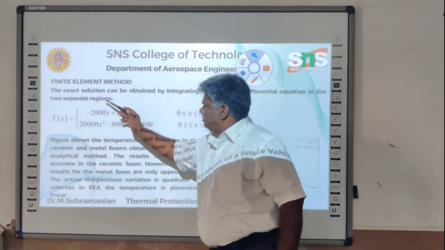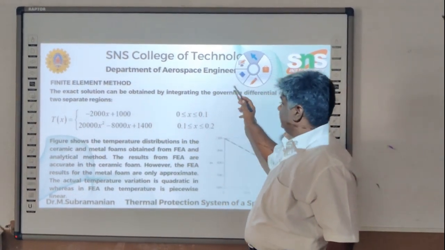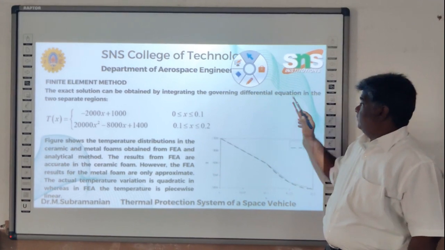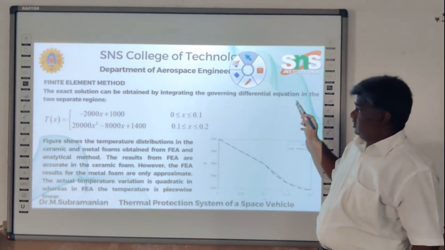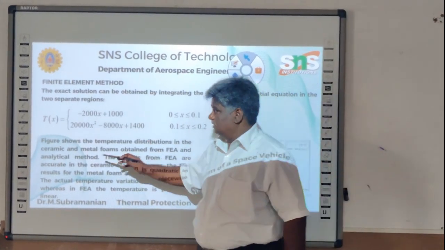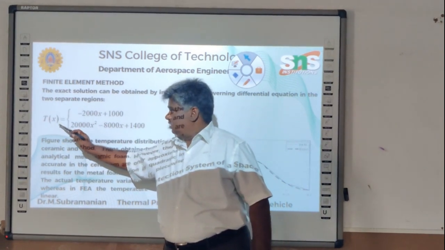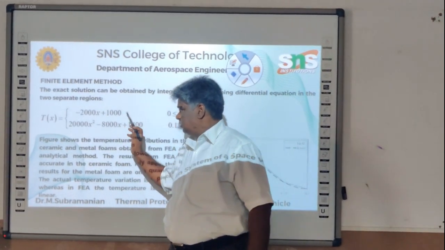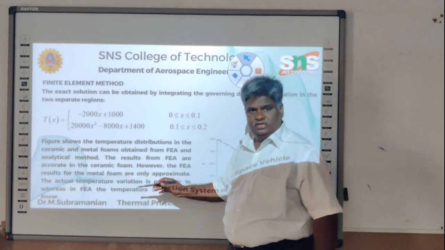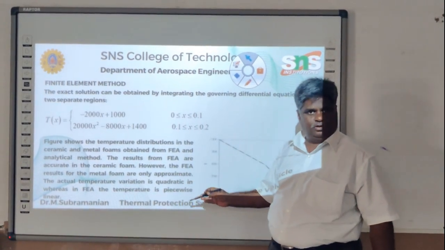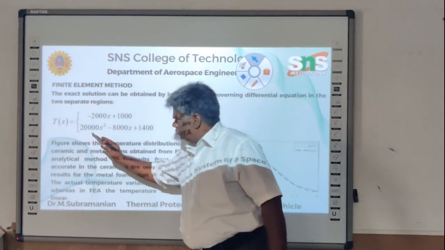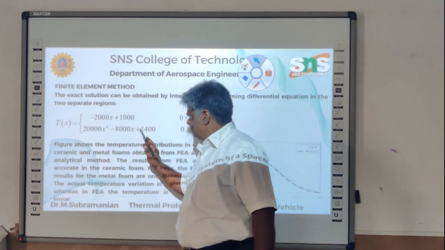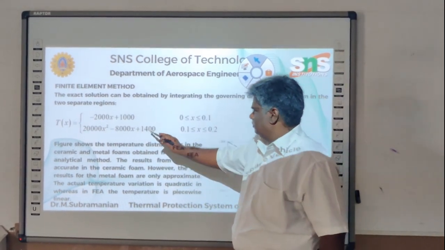The exact solution can be obtained by integration of the governing differential equation in the two separate regions. T of x equals minus 2000x plus 1000, as stated in the heat transfer problem, and 20,000x squared minus 80,000x plus 1400.